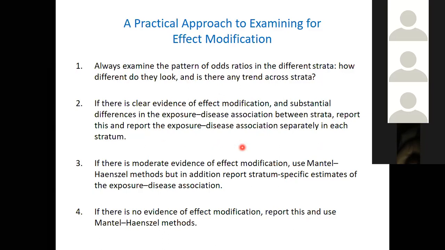So if it is moderate, you can still calculate the Mantel-Haenszel, for removing confounding, but you still report the odds ratio for each stratum. If there's no evidence of effect modification, report this and use the Mantel-Haenszel method to describe the association.